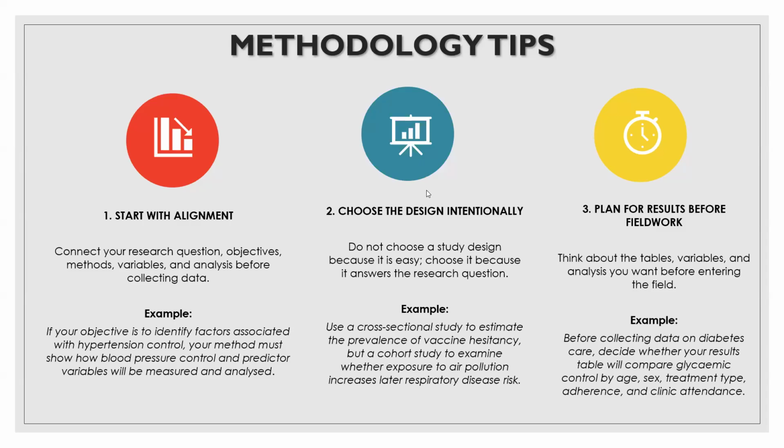So all these different components have to be aligned because at the end of the day, you want to be able to address your research aim and your specific objectives, which is what guides your research. As a researcher, that is what you told us that you are going to be doing.